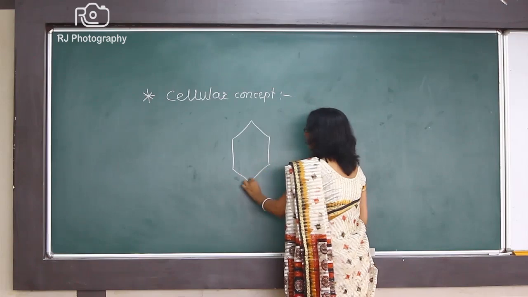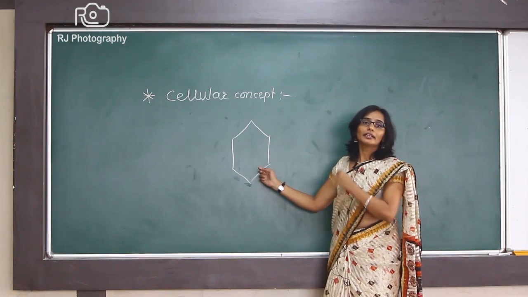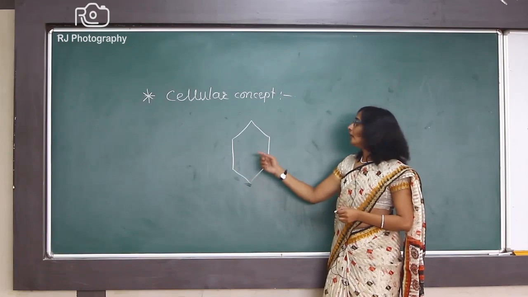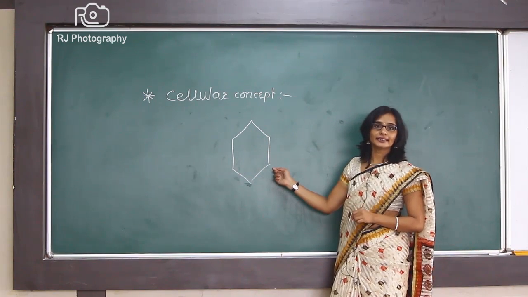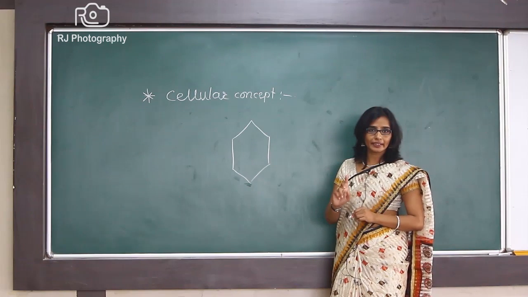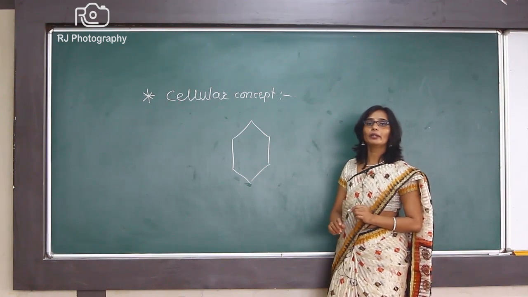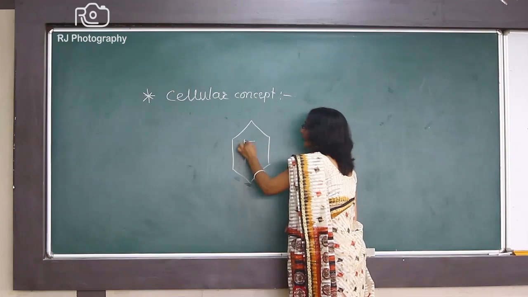Suppose this is the hexagonal area, that is the geographical area which is going to cover a number of mobile users. To cover this hexagonal area and all the users, it is necessary that the base station, having an omnidirectional antenna for propagation, should be located in the center of this area as shown in the diagram.